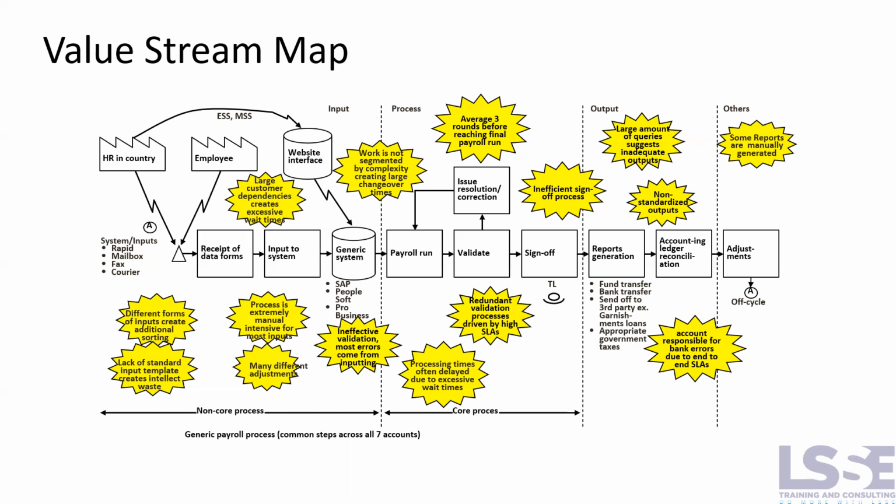Another useful piece of information put on the value stream map is the opportunities for improvement. As you can see in this diagram, there are what we call sunbursts, colored yellow. These are some of the pain points that were encountered in the process. But even in a flow chart, you can also do bursts.